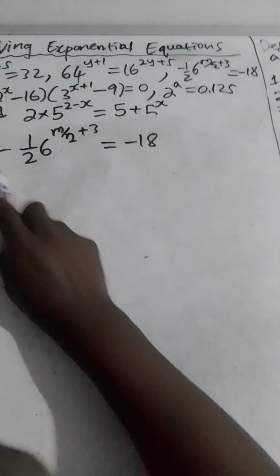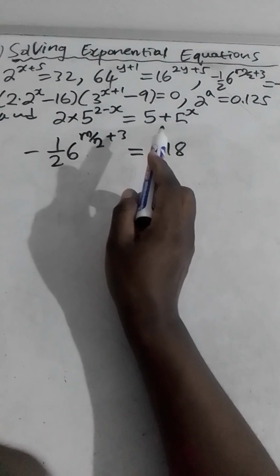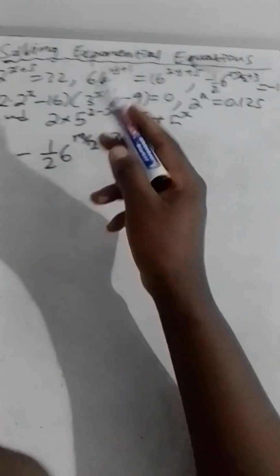So, we're going to start by removing the negative. Multiply both sides by negative 1, but also we want to remove the half so that we have only this base here, this power alone. So we're going to multiply by the reciprocal of half, which is what? 2. And since there's negative, we're going to multiply by negative 2.